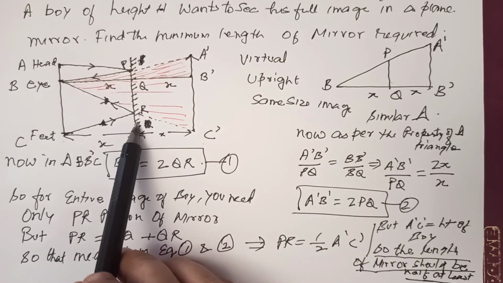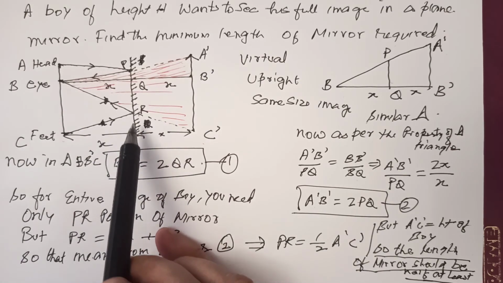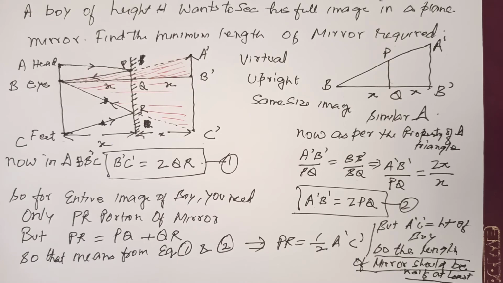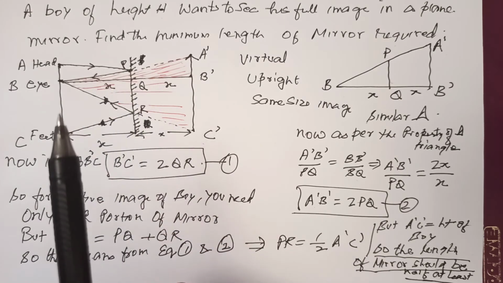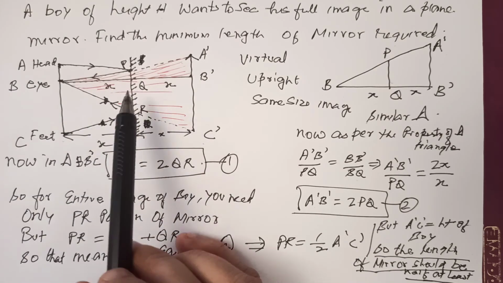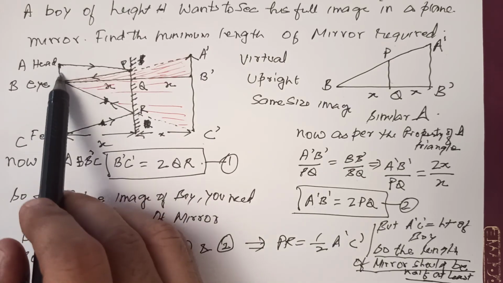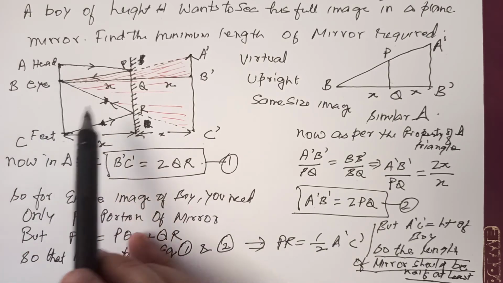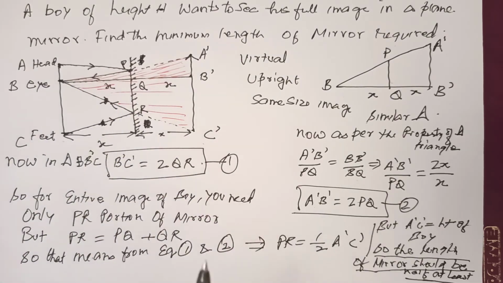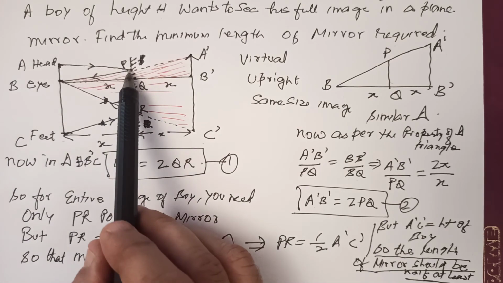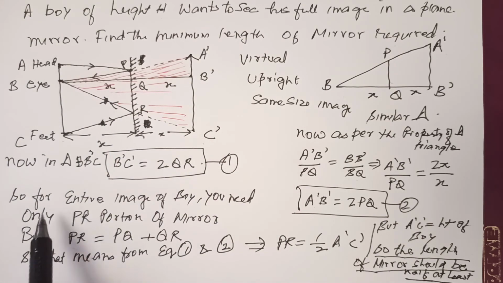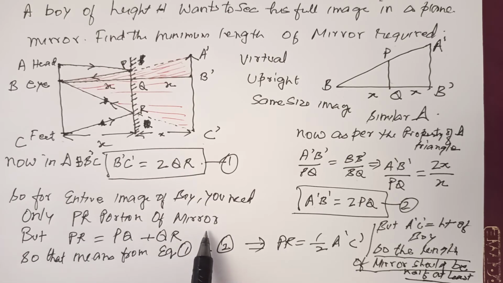We can throw this portion away. So the only portion of the mirror needed to show this entire object's image is PR. Got it? Very good.